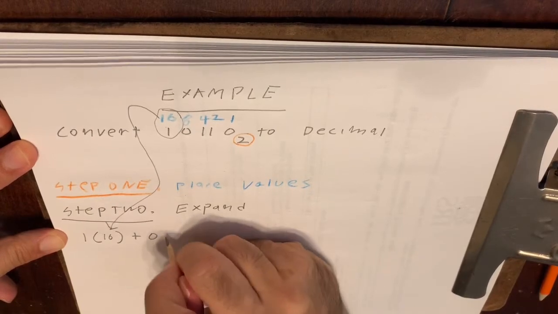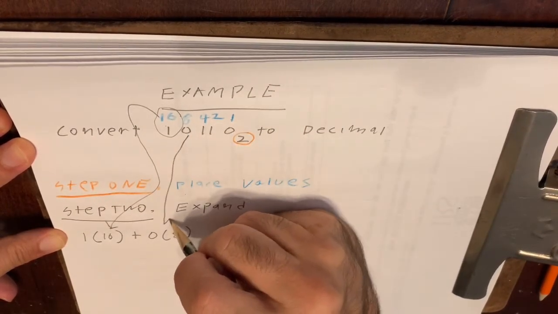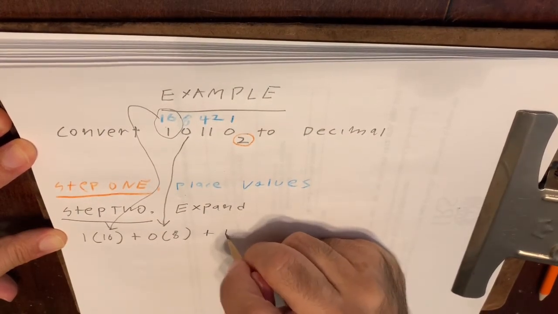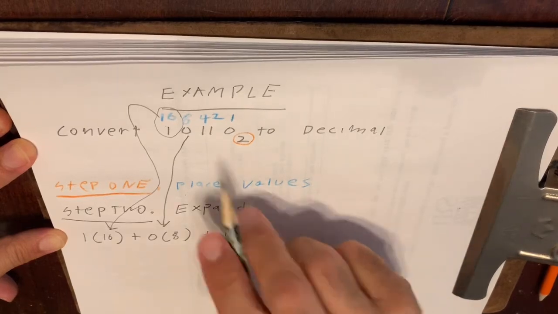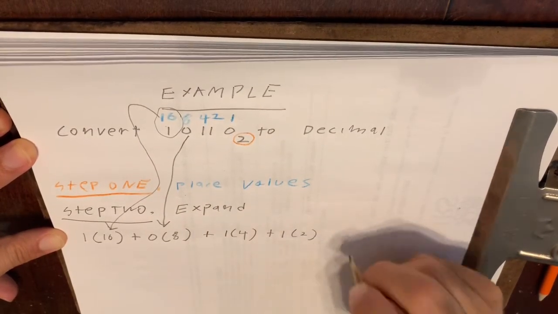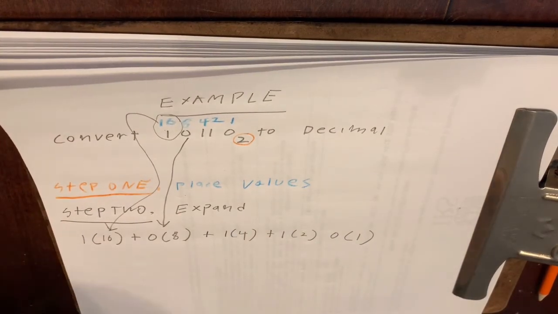Plus 0 times 8. And this is where we got the 0 times 8. Plus 1 times 4. 1 times 2. And 0 times 1.